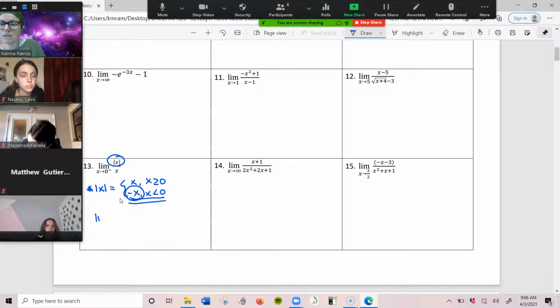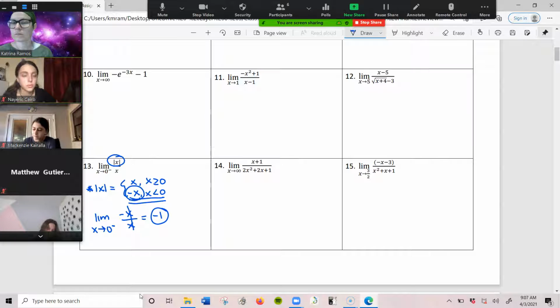So this is the limit as x is approaching 0 from the left of negative x over x, which here the x's would cancel and we're left with just the negative, so negative 1 would be our answer. Is that okay? Yeah.